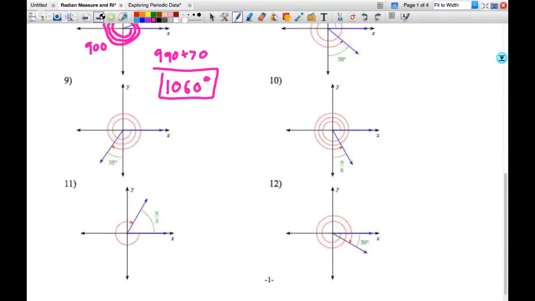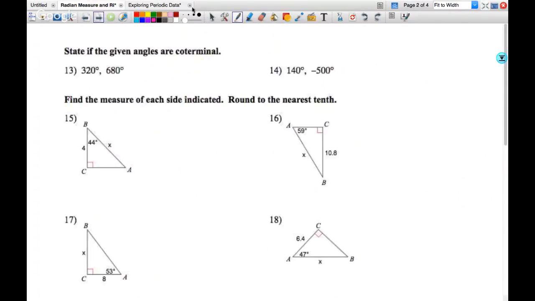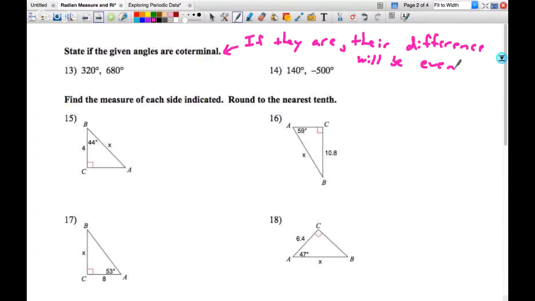All right. Let's move on. State if the given angles are coterminal. If they are, their difference will be evenly divisible by 360 degrees.